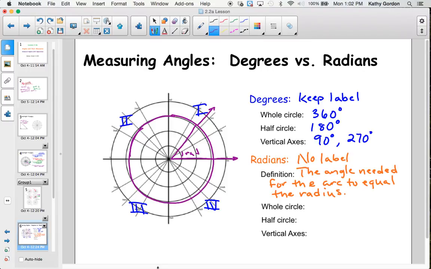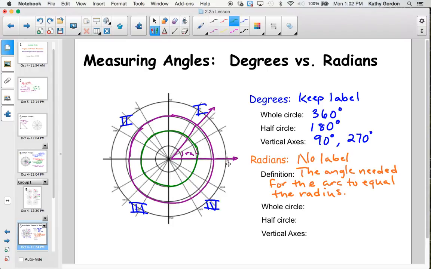It doesn't matter how big the circle is. So if I decide to go with this circle instead, I want that to be a different color. Green. Okay, we're going with this circle instead.